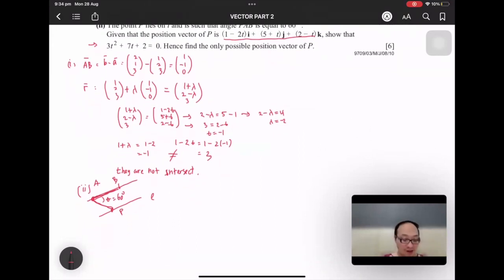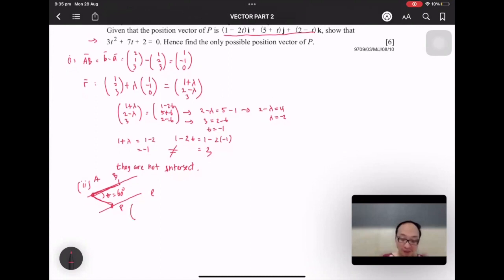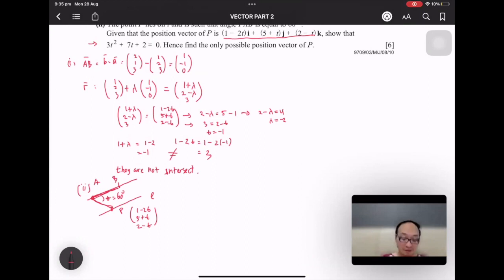Okay, so we know the angle is 60 degrees, and we know the coordinates of P are 1 minus 2t, 5 plus t, and 2 minus t. To find the angle using the scalar product, we have to find the vectors AP and AB. Find AP first.